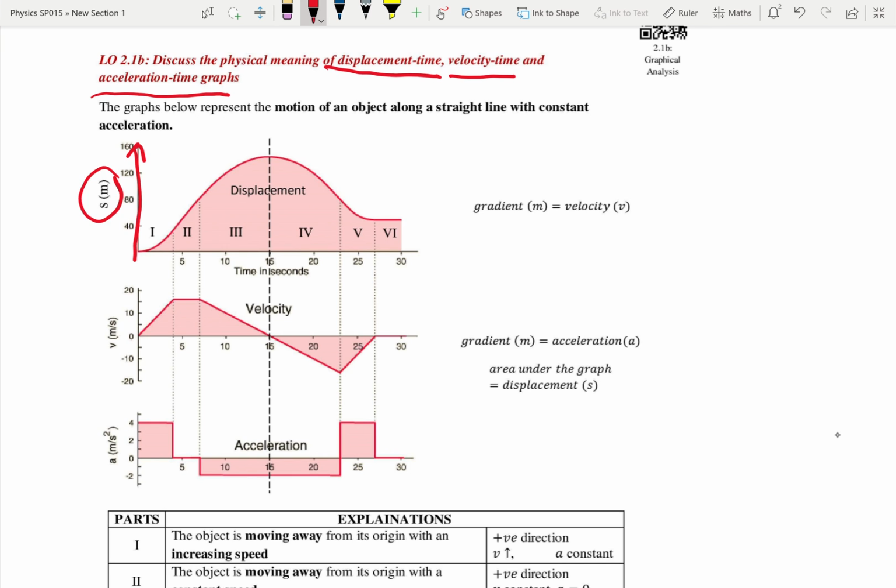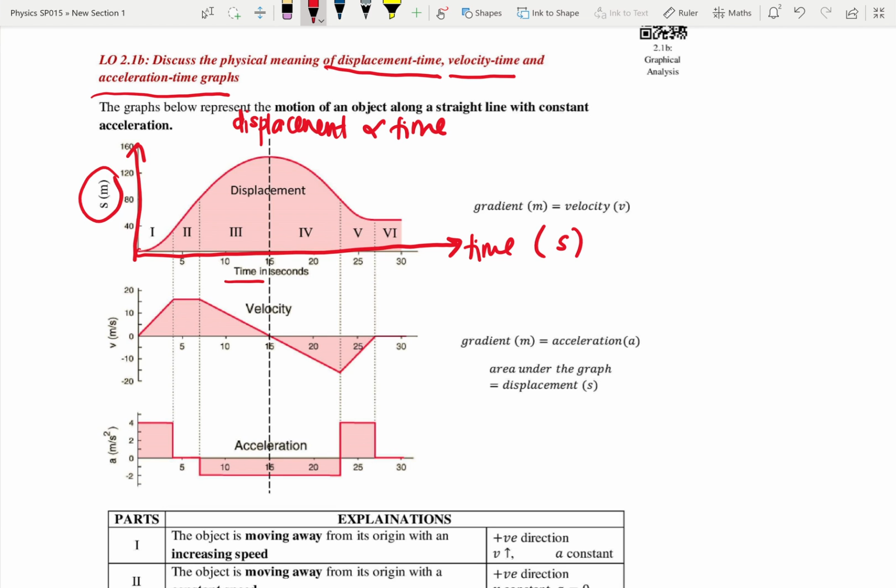The symbol is S. S is the symbol for displacement. So this one is the graph of displacement against time. And the x-axis is T, time in second. Basically we write it like this: time, and then bracket the unit, second.